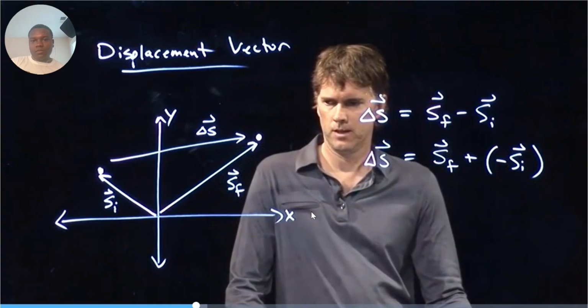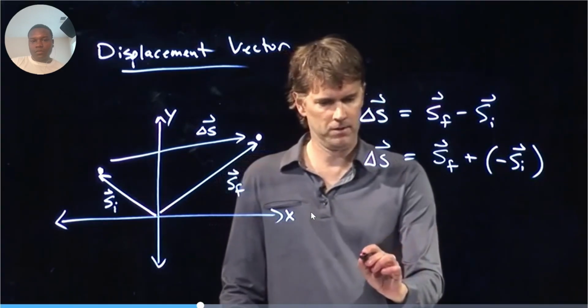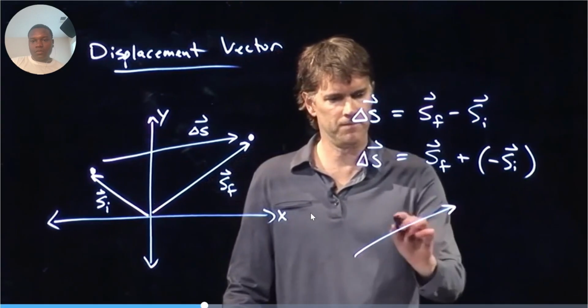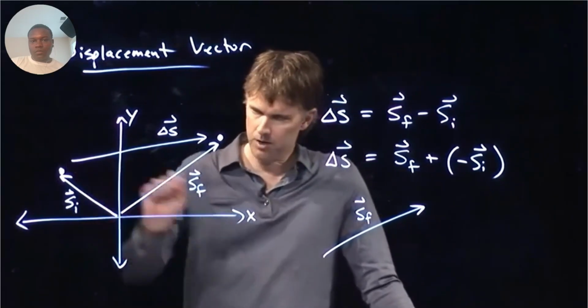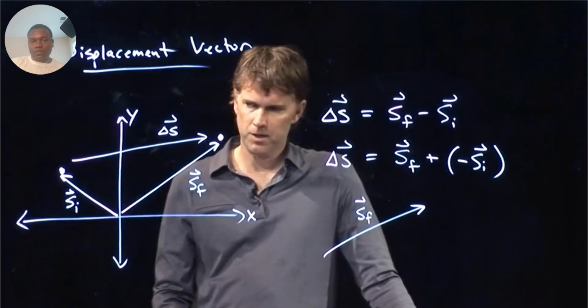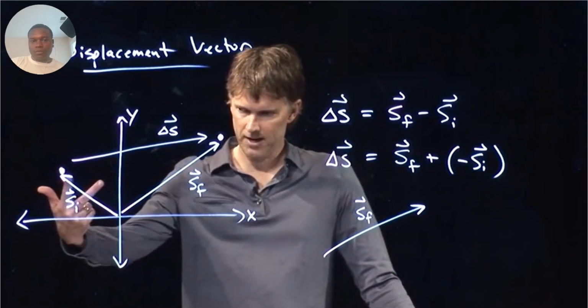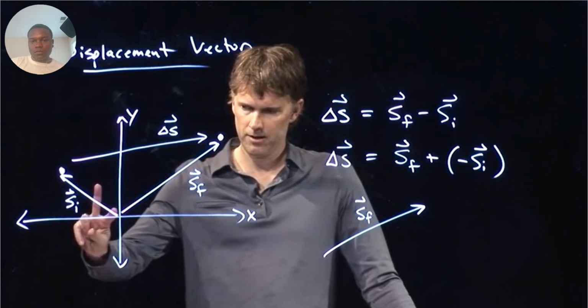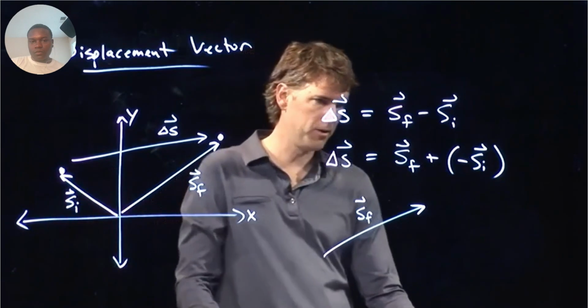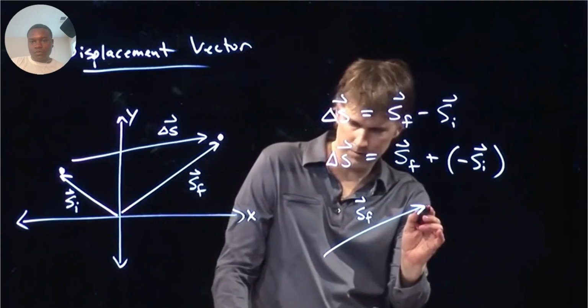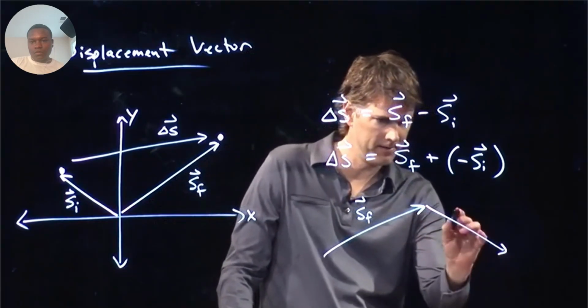SF looks like this, up and to the right. SI was up and to the left, which means that the negative of SI, you just flip the arrowhead. Same length, just opposite direction, so it would be down and to the right.